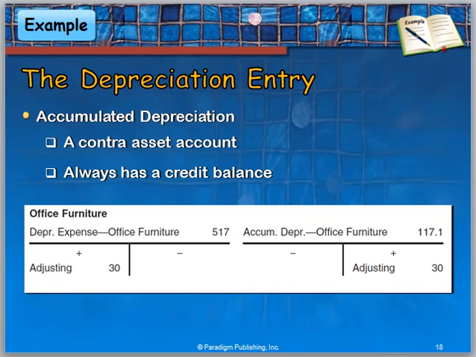So a contra account is related to an account, and the balance of it is deducted from the balance of the account to which it relates. So the normal balance of a contra account is opposite the balance of the corresponding account.